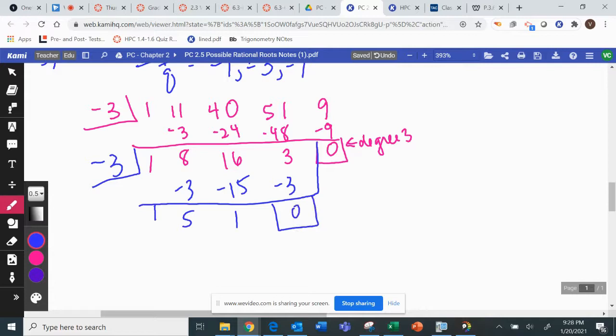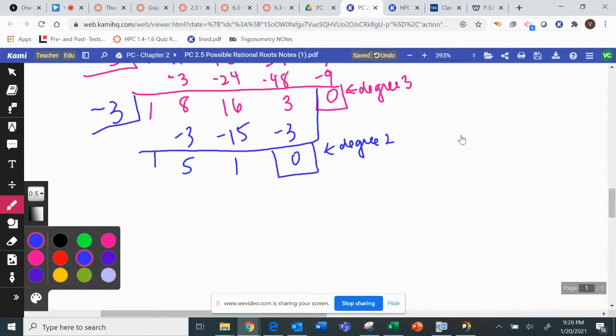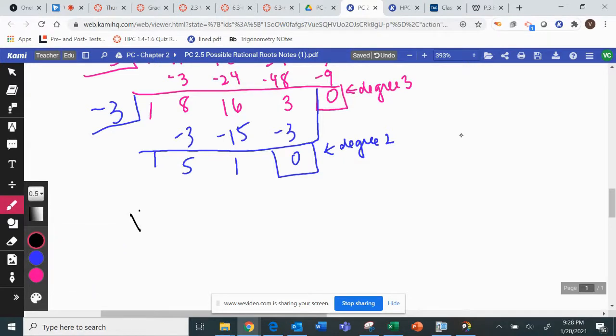And I have a remainder of 0, so that means yes, -3 is actually in there twice. So at this point, I now have a degree of 2. So since I have a degree of 2, I can solve it a different way.